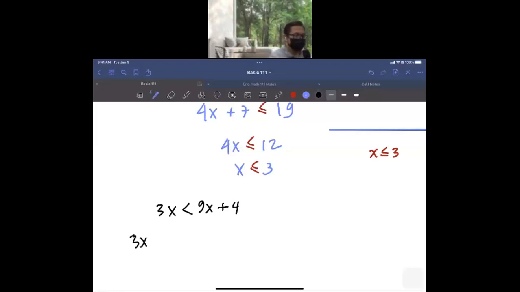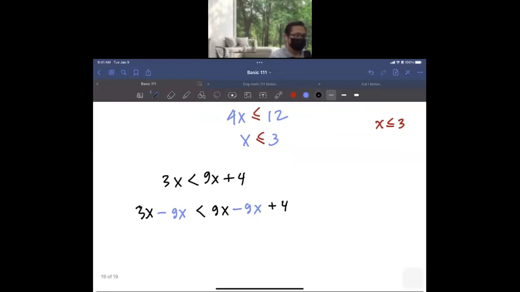Looking at this, we can think 3x minus 9x, and then minus 9x on the other side as well, plus 4. So we get directly negative 6x less than 4.